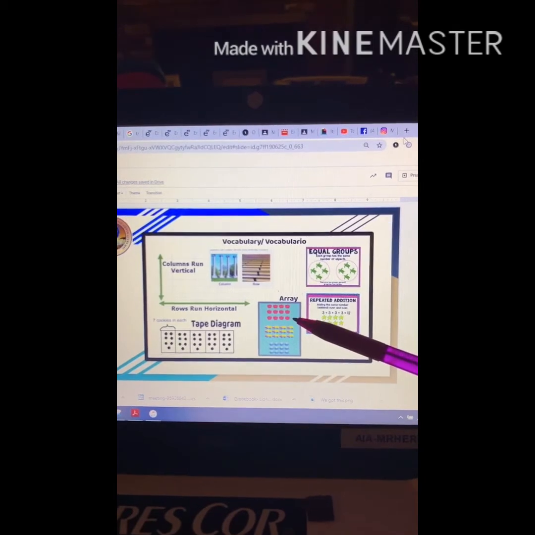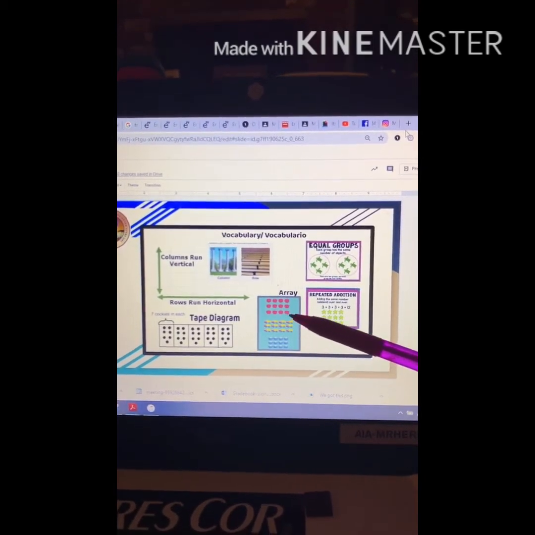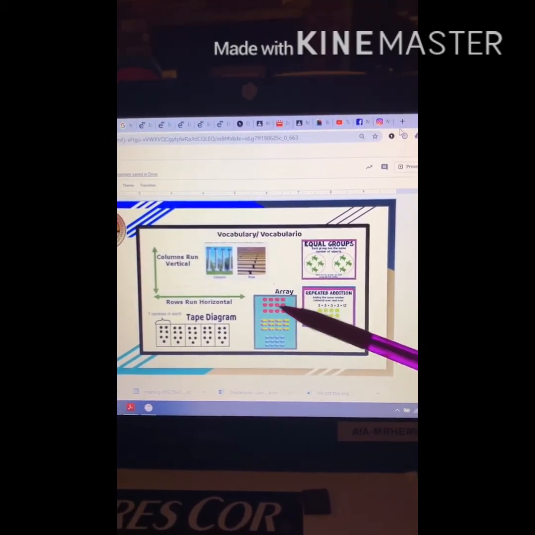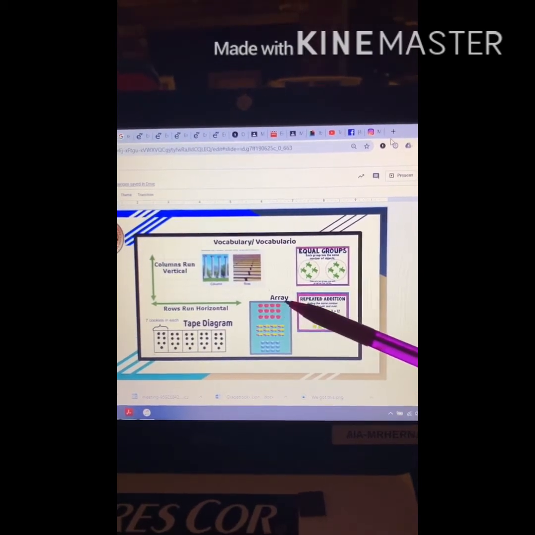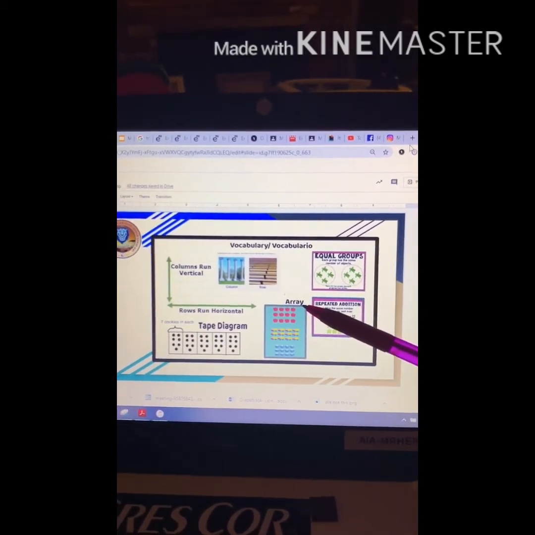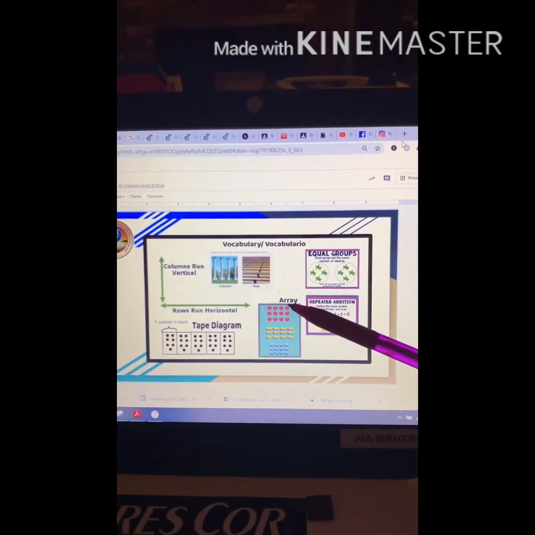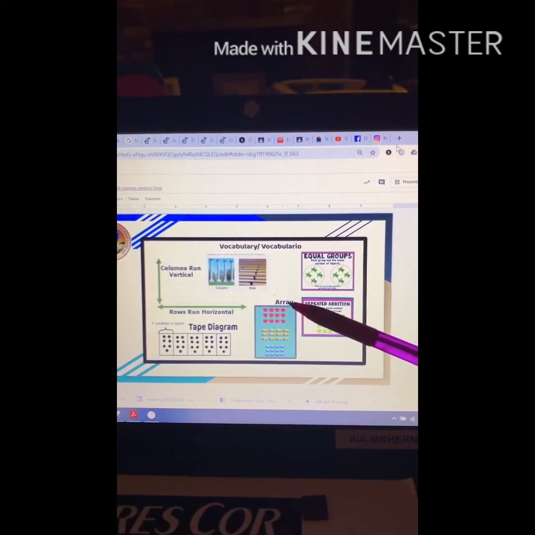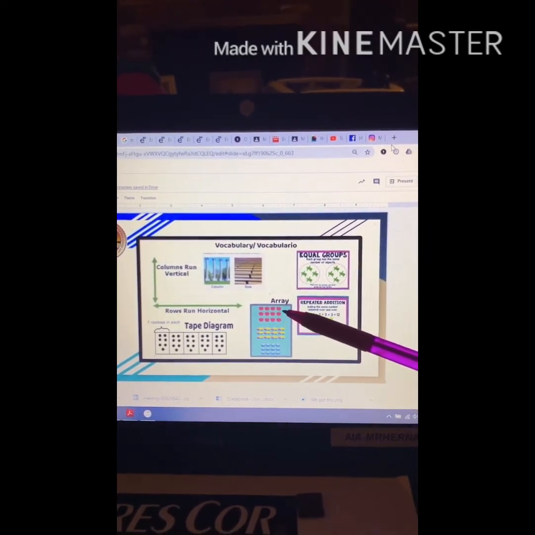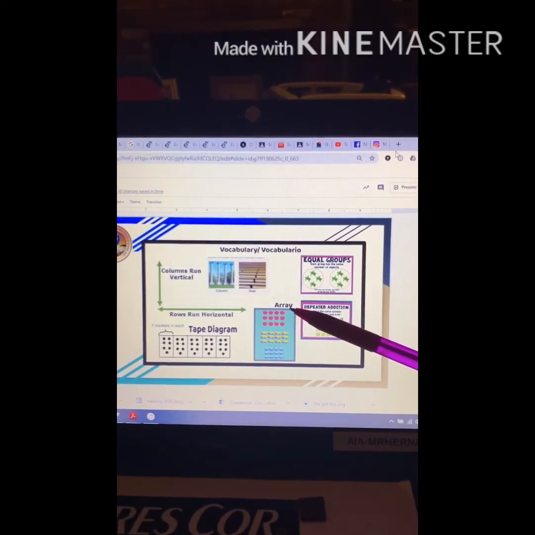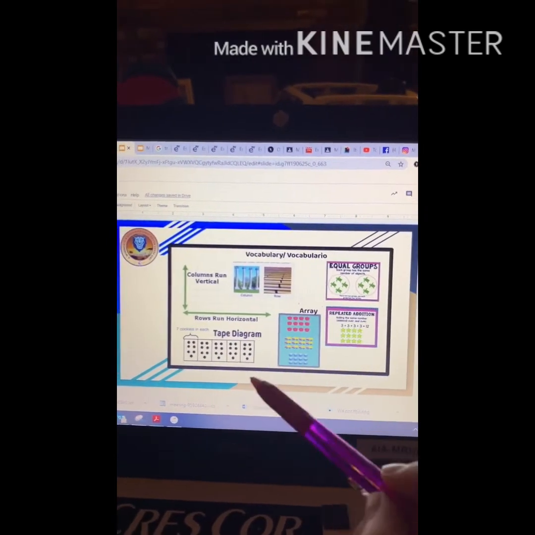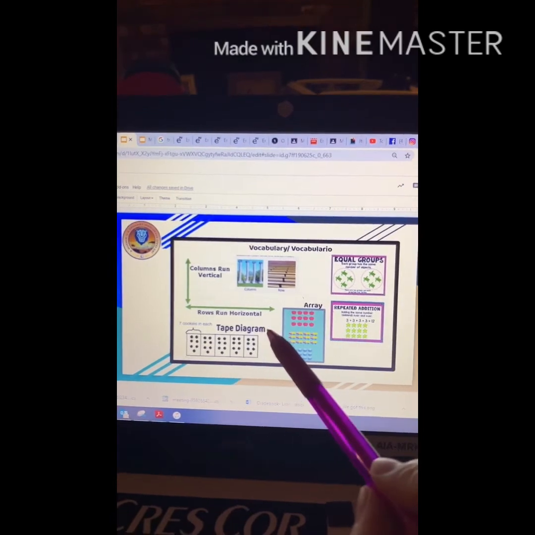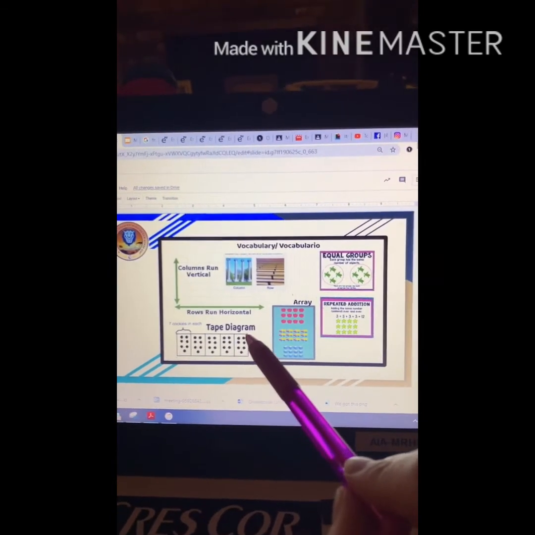Next, when we have all our rows and columns together, it makes the image of an array. Say array. Array. All of these rectangles or squares with rows and columns are called arrays. And finally, today we're going to look at our new vocabulary word, tape diagram.